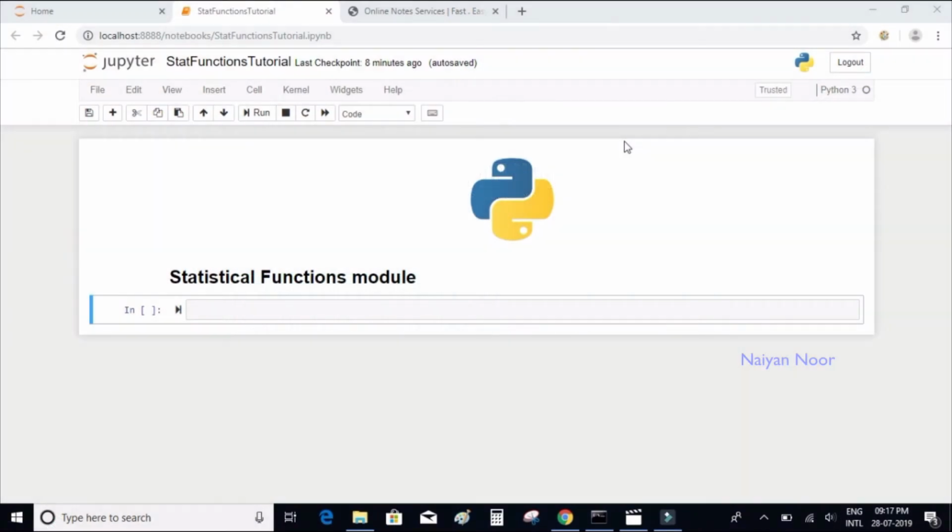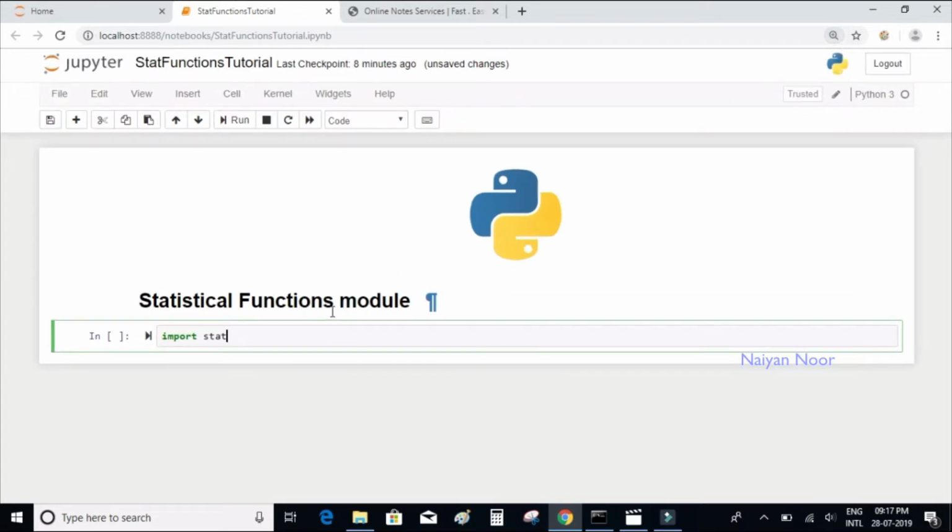So there is a module in Python called statistics which has some of the most commonly used statistical functions. Let us take a look at those statistical functions. Let's import this module by writing import statistics.